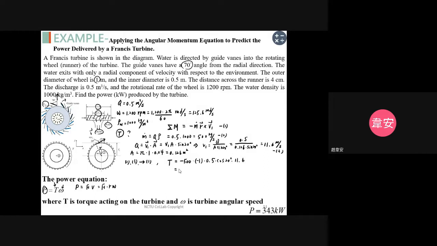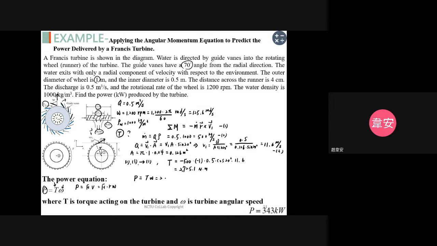So here we have the positive moment of 2725.1 Newton meters, and we compute the power as T omega.